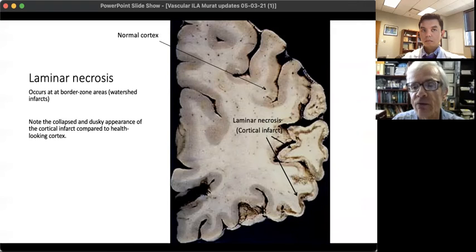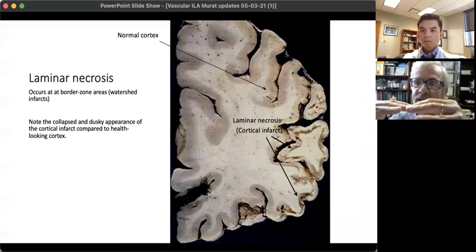That kind of infarct can occur anywhere, but more typically in the watershed zones between major arterial territories. For instance, more commonly between the watershed zones of the anterior and middle cerebral arteries, because these arteries are end capillaries. They don't have connections between them.